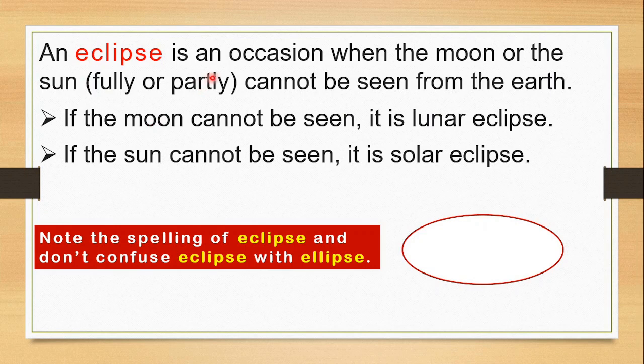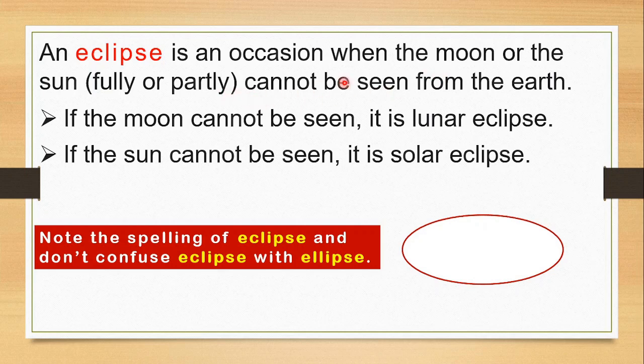An eclipse is an occasion when the moon or the sun, fully or partly, cannot be seen from the earth. From the earth, either you cannot see the moon, or you cannot see the sun, or you cannot see a part of the moon or a part of the sun.